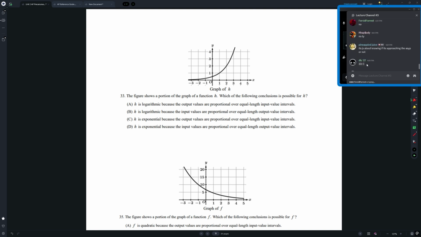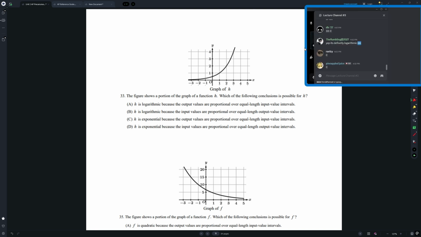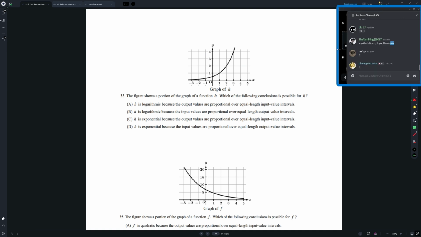Okay, and 33 is. I'll give it 10 more seconds because there's 3 more people still typing. You have to put the straight bars. So 33 would be C.